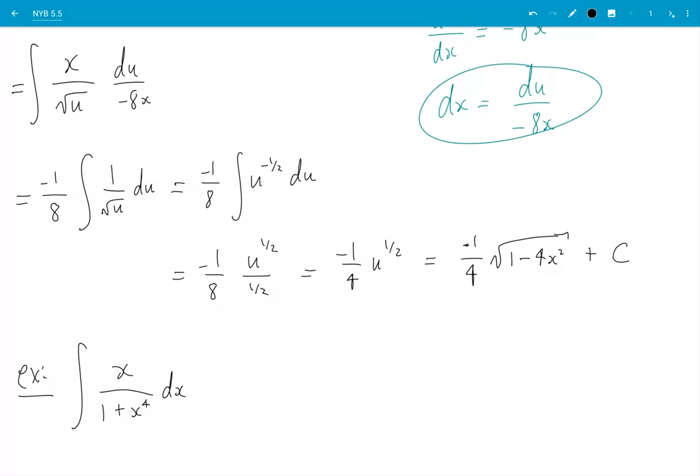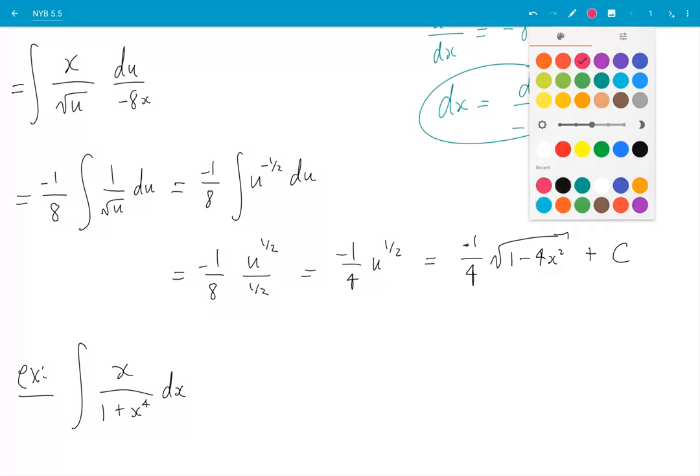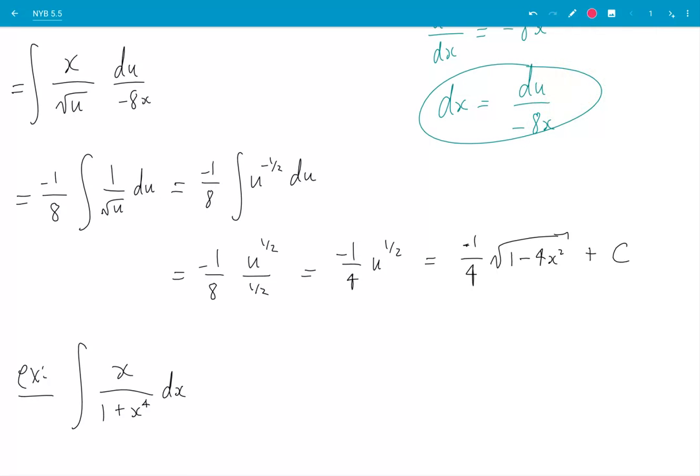Now, perhaps the most obvious choice, the choice that jumps out at you, is 1 plus x to the 4. There is a problem with this. What is the problem?